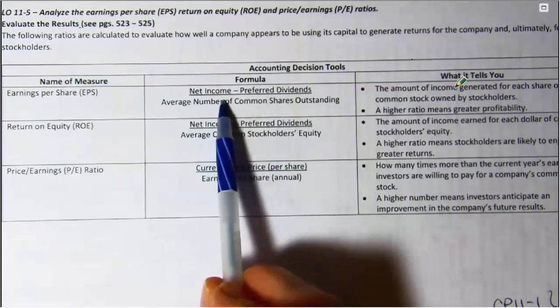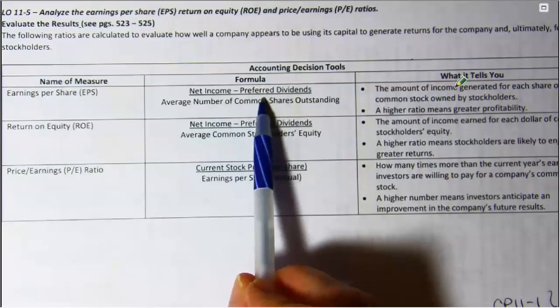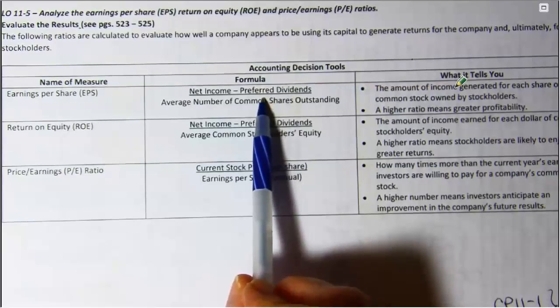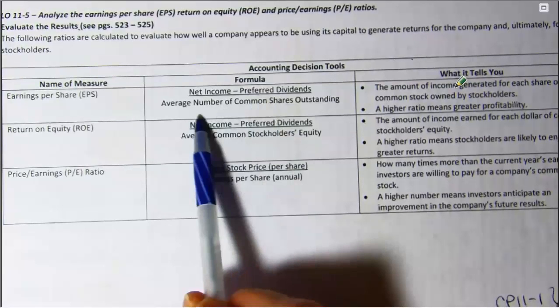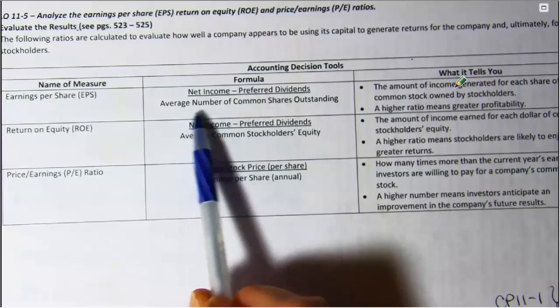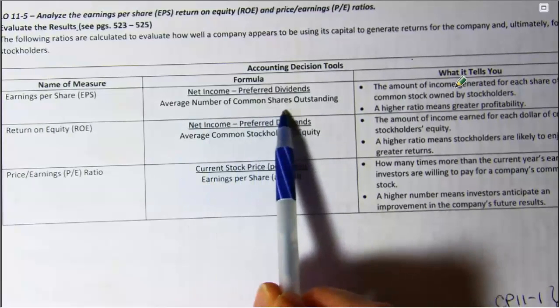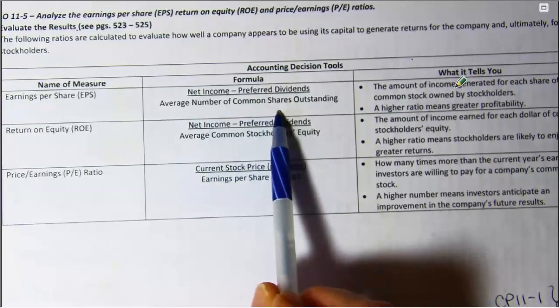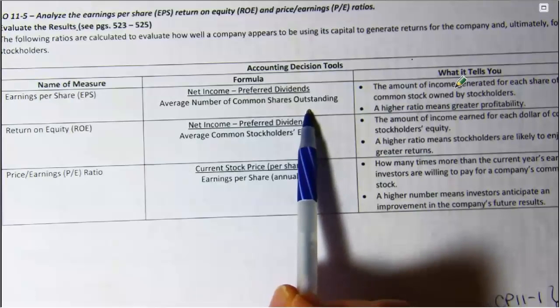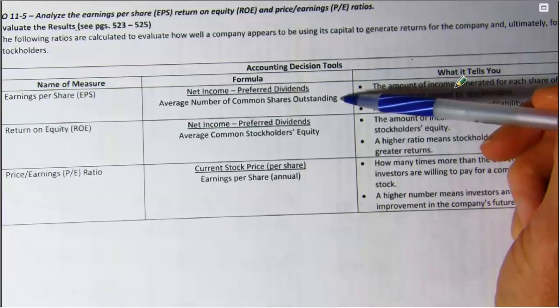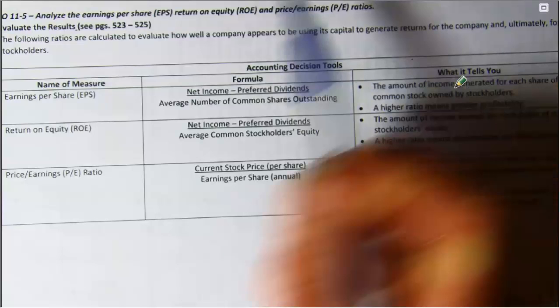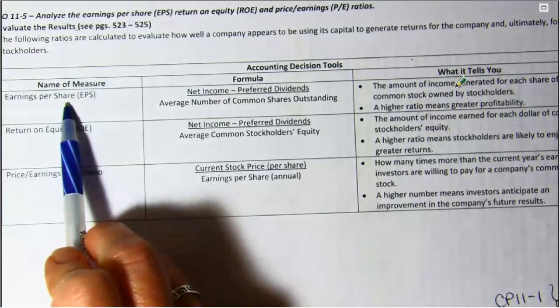So we take the net income and we subtract out the preferred stock dividends, and you're left with the net income that's available for dividends to common stockholders. And then we divide by the average number of common stock shares that are outstanding in the hands of the stockholders. Well, if we can lower this denominator, the bottom part of the fraction, then the earnings per share increases.